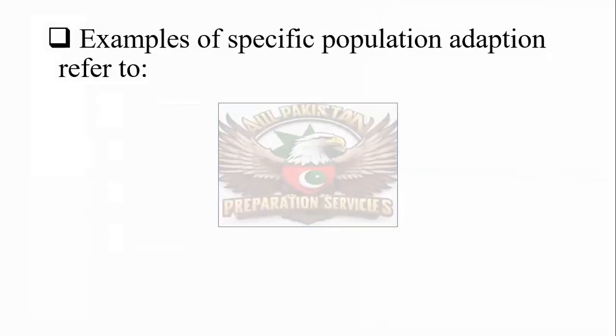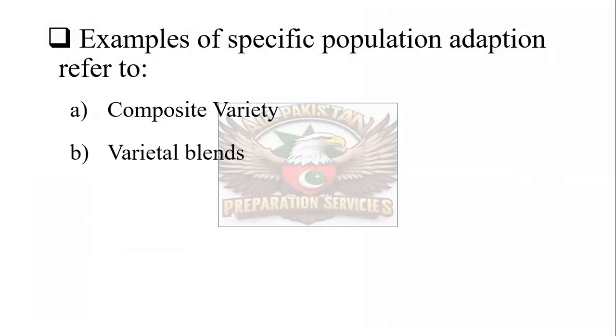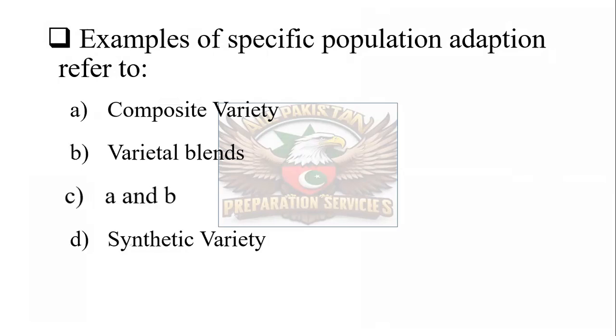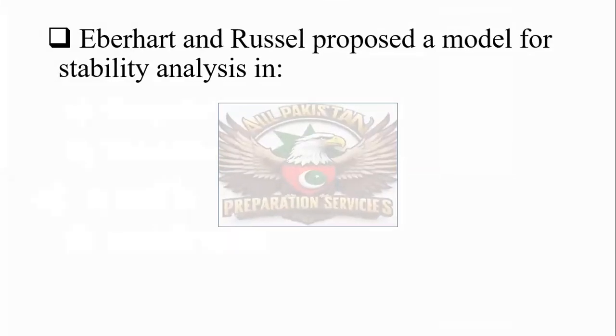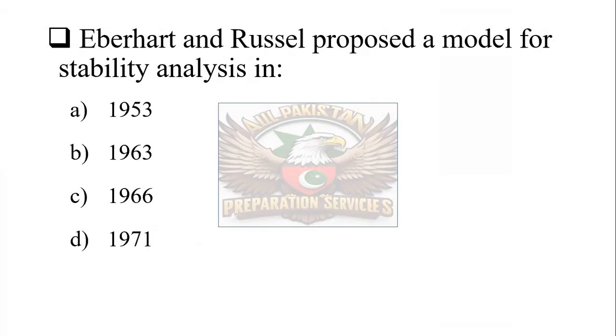Examples of specific population adaptation refer to composite variety, varietal blends, A and B, or synthetic variety? The correct one is A and B. Eberhart and Russell proposed a model for stability analysis in 1953, 1963, 1966, or 1971?